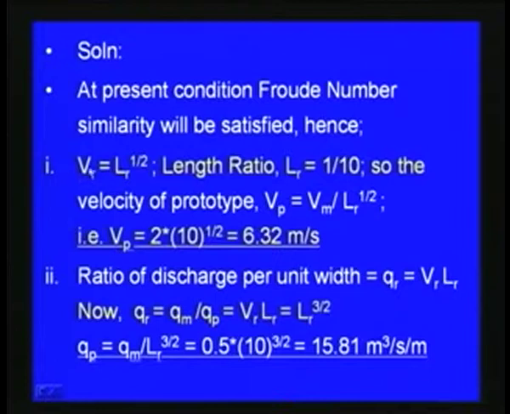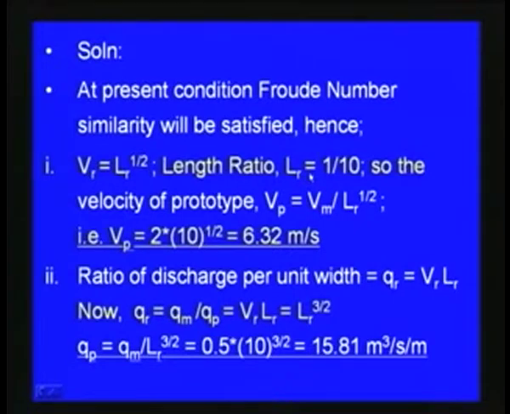As I mentioned, in this particular problem the gravitational effect is more important, so we can directly use the Froude number similarity. We have already seen that the velocity ratio is the length scale ratio to the power 1/2, or square root of LR.